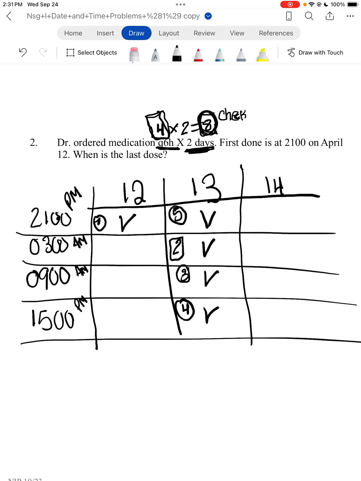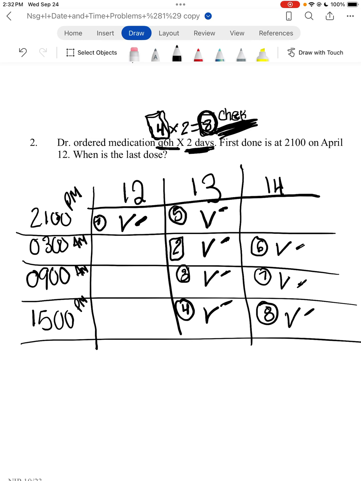See, this is why we need an extra day, because now we have to use days until we have 8 checks. So we have 5, meaning we're missing 3 more. Now that we're done with 2100, we go back to 0300, which is our 6th one, 7th one, and 8th one. So now we have our 8 checks. Let's count. 1, 2, 3, 4, 5, 6, 7, 8.